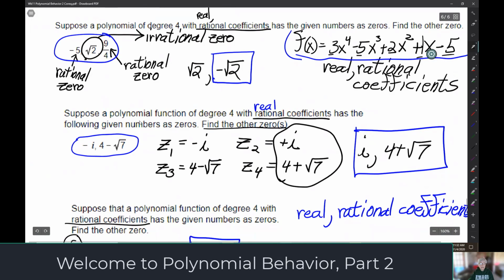Then finally, we talked about how rational zeros can stand by themselves, but irrational zeros and complex zeros have to have their conjugates with them. No choice. Not if you're going to have real rational coefficients.